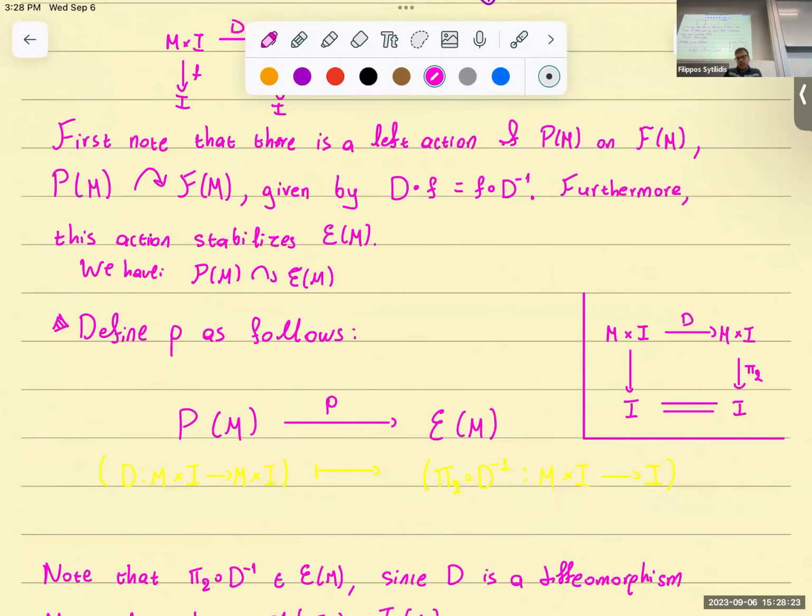Now I want to use that to get a map from the pseudo-isotopic group to this space epsilon of M. Well, I'm in a good spot because I have an action of the pseudo-isotopic group on this space, and I also have a distinguished element in that space that I like, which is the projection to the I factor. So those two things will give me the map.